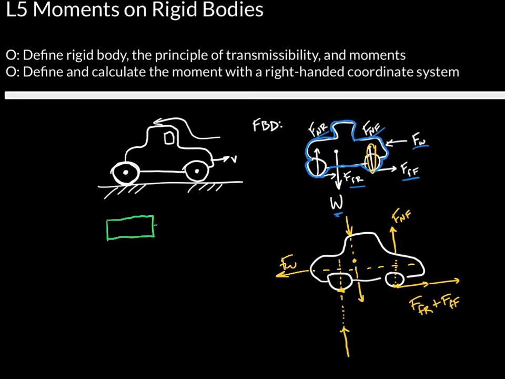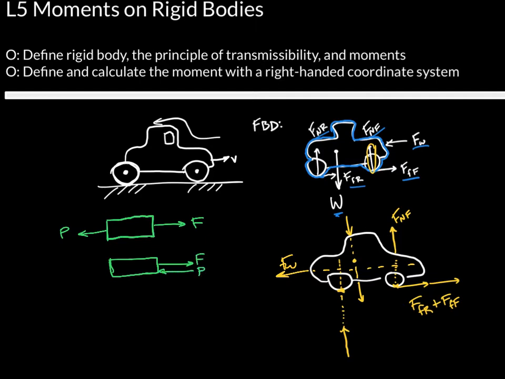Let's imagine I've got a force in this direction, F, and a force in this direction, P, and they're equal and opposite. I don't know why I chose P, it doesn't matter. So these forces are equal and opposite, so this block is at equilibrium. But according to the principle of transmissibility, and assuming this thing is rigid, I could put F here and P here.